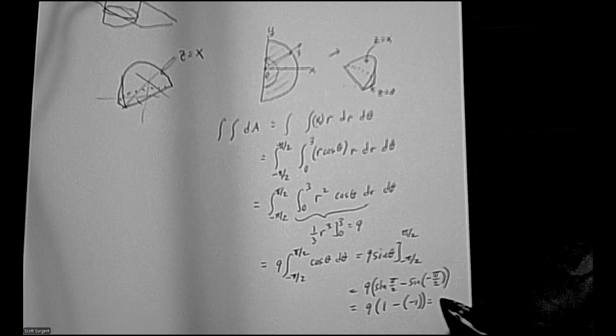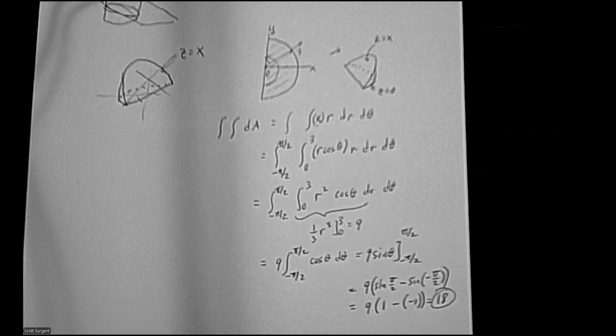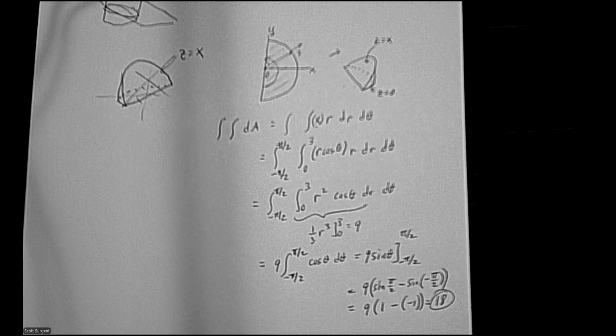You actually have 1 plus 1 is 2, so 9 times 2 is 18. Does that help? Does that make sense? Okay. Anybody else have any questions on this one?